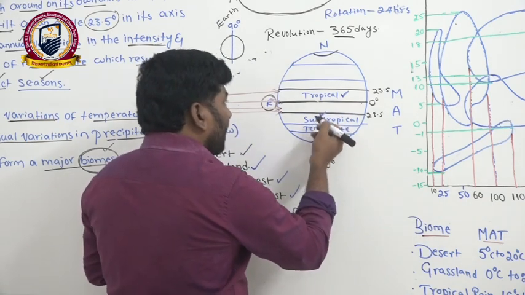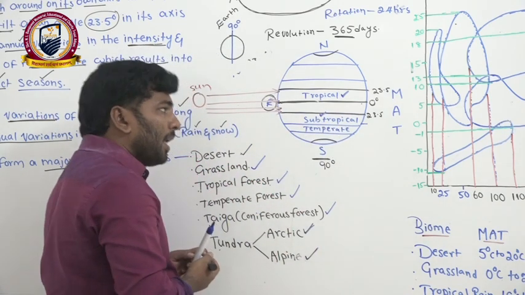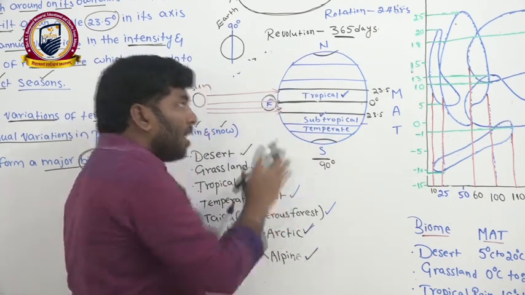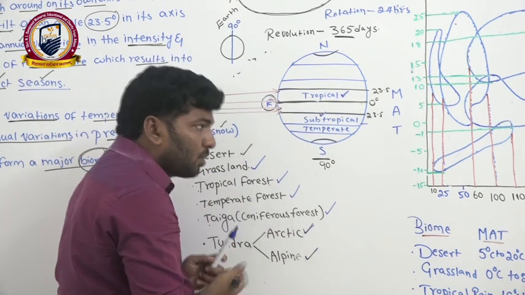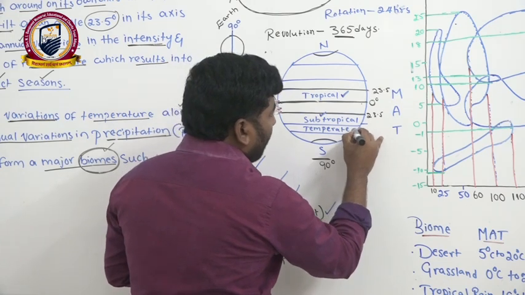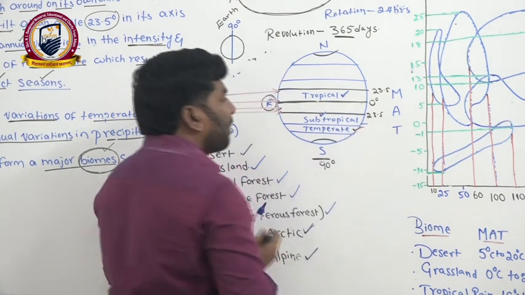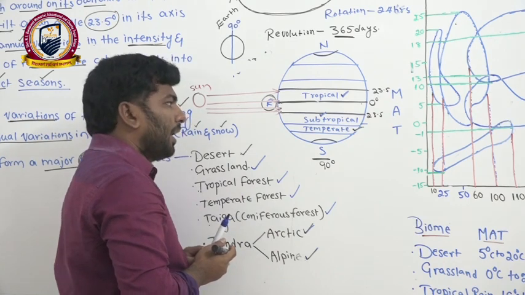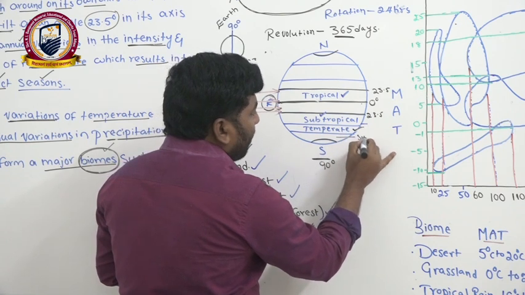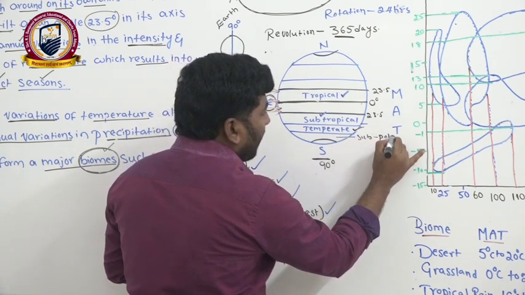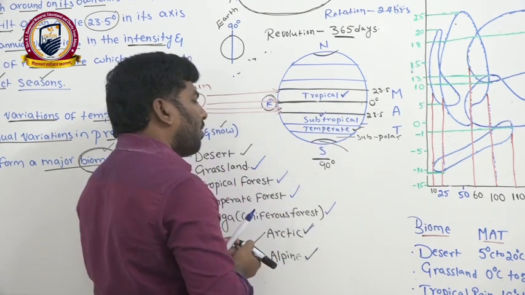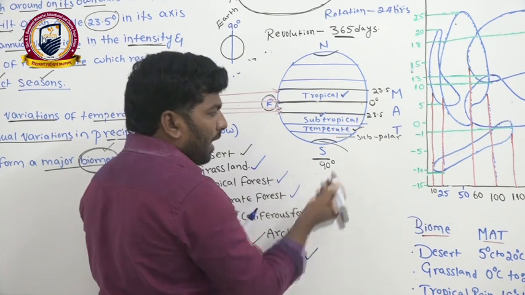Then if we move a little away from the subtropical area, whether on the north side or south side, we will get the same regions. Then we get the temperate area, and below the temperate area is the subpolar area. Finally this region we call the tundra region or polar region.